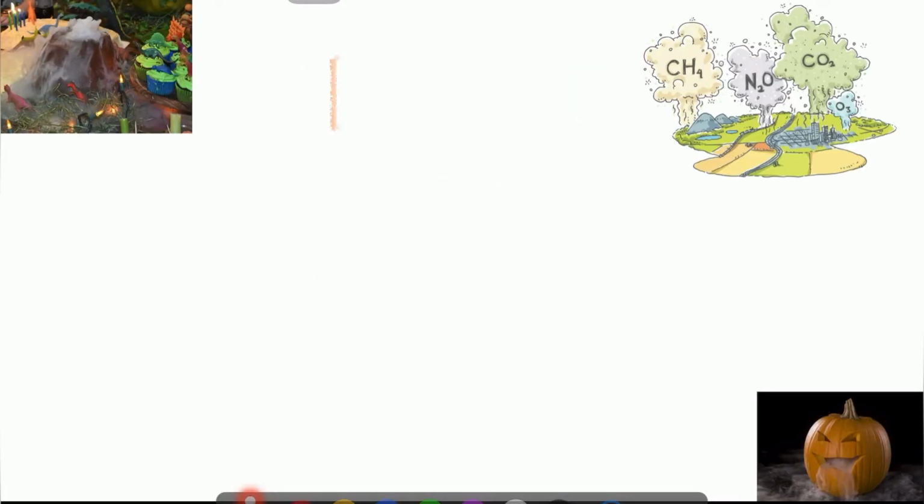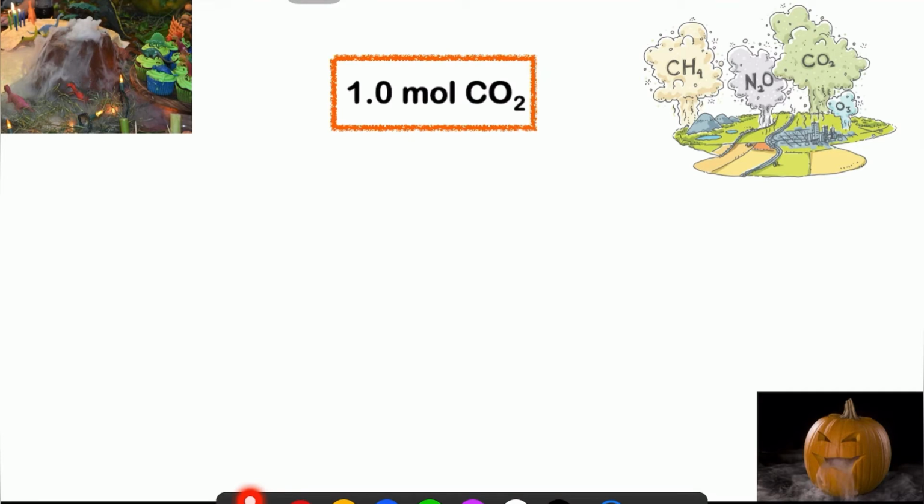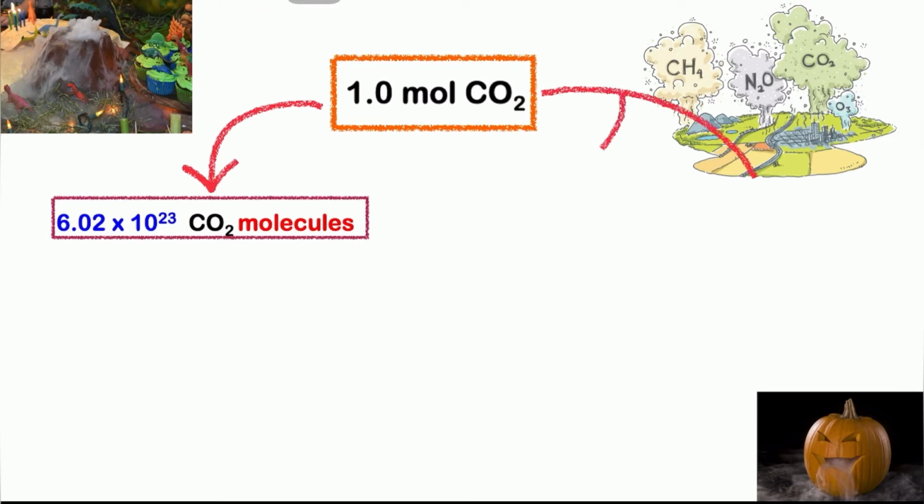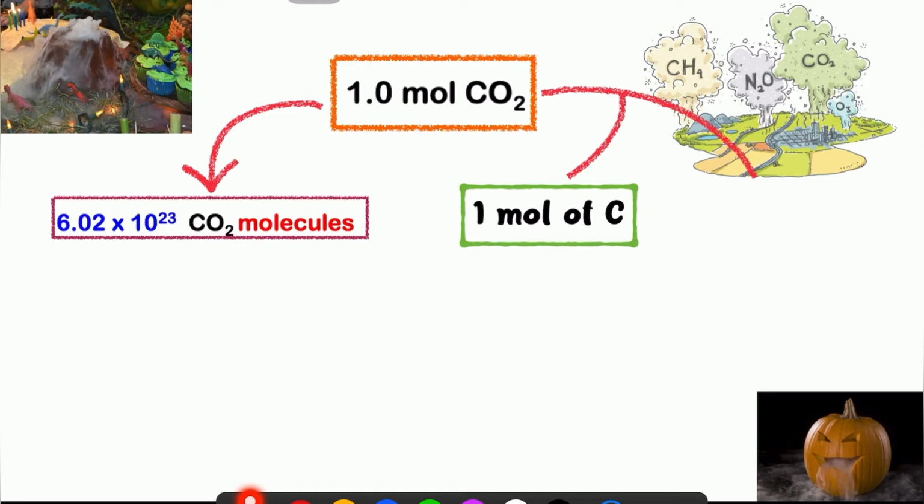Okay, let's see the next example. 1 mole of carbon dioxide. As I told you, carbon dioxide is a molecule because it has more than one element. It has carbon and it has oxygen. So in 1 mole of carbon dioxide, it has Avogadro number of carbon dioxide molecules. And to get the mole of each atom of the element, carbon and oxygen, first you need to find the mole of carbon and oxygen.